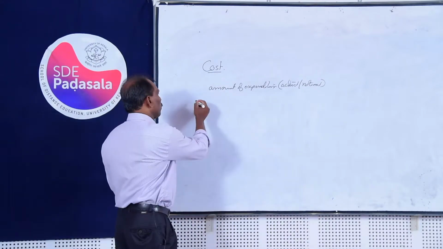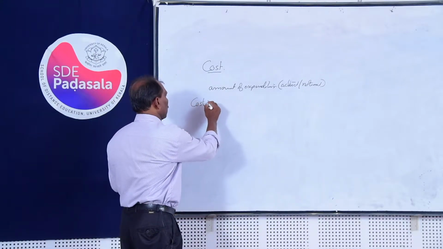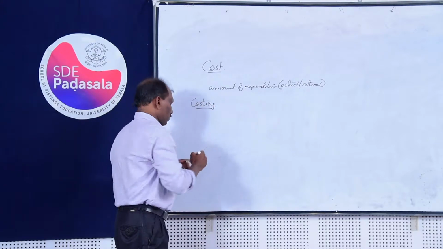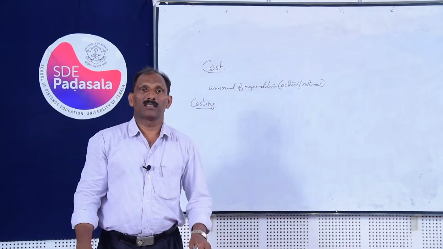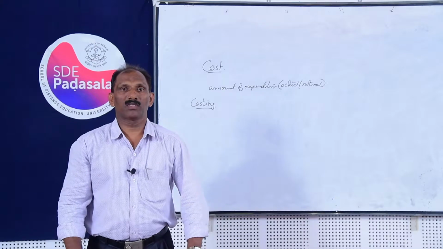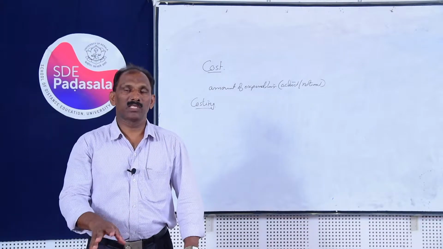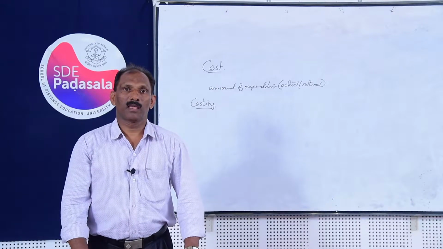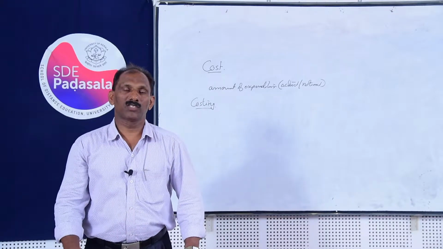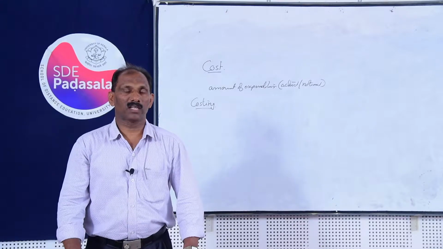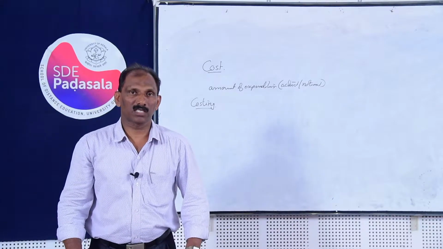Next is costing. Costing may be defined as the technique and process of ascertaining costs. Techniques are the principles, rules, and regulations, and the process are the methods used for ascertaining cost. The technique and the process of ascertaining cost is called costing.